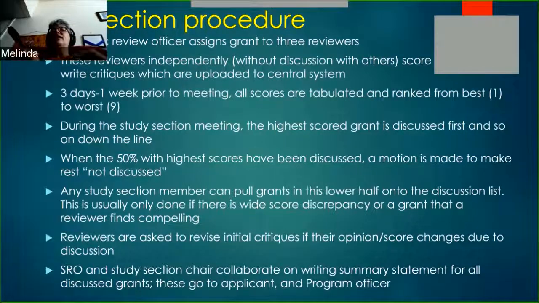Then after that discussion is done, they go back to the original reviewers and they say, did your scores move? Are you going to give the same score you gave initially, or did the discussion sway your score to be a worse score or a better score? And those study section members then give their final scores. So let's say their final scores are 1, 2, and 3.